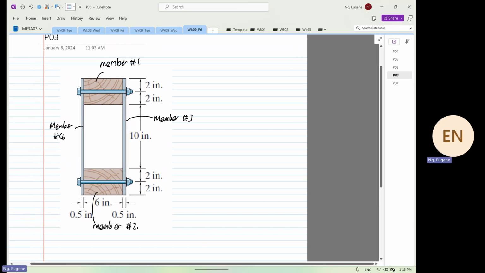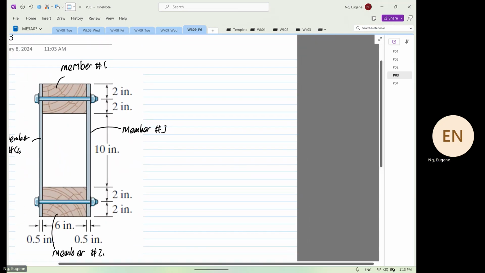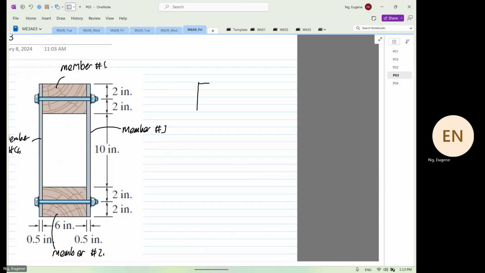So if we were to focus on member number one, and you have a Vy acting from the top. The shear flow, sorry, I cannot draw it sideways because it's thick wall.